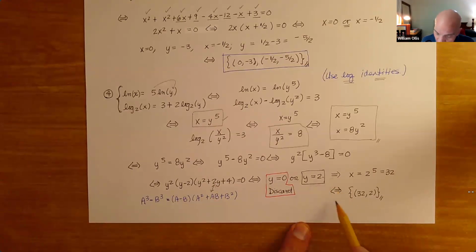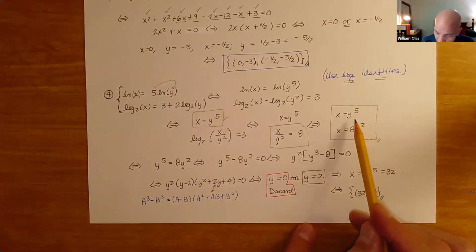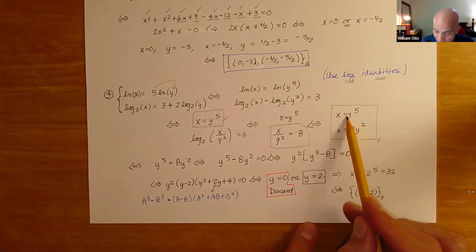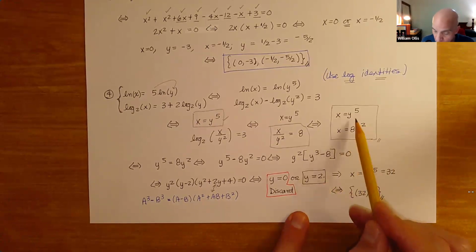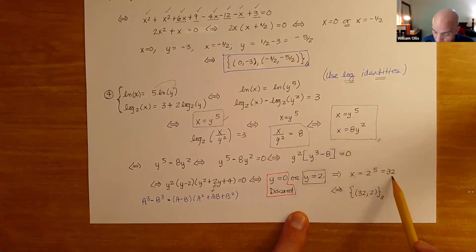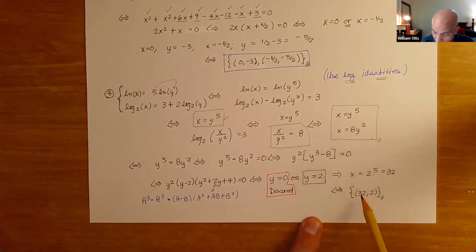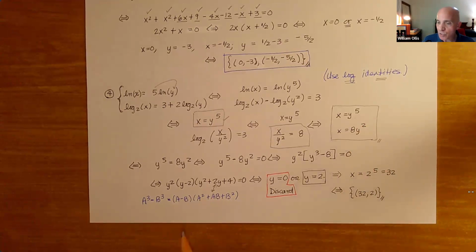So now, of course, we can simply go to an equation of our choice right here and find x by raising 2 to the fifth power, and we get 32. And so now when we pair these two, we have x is 32 and y is 2, and we have a solution to our system. Now, again, just remember, the logarithm functions will necessarily be more restrictive because of their domain restriction.